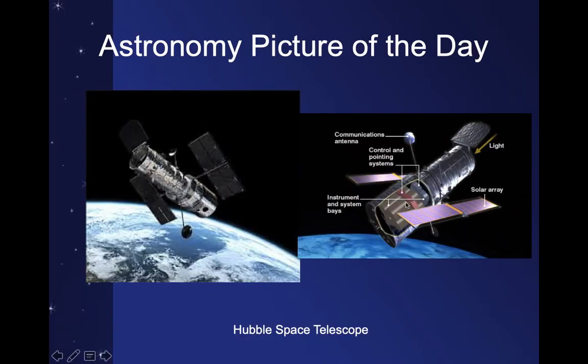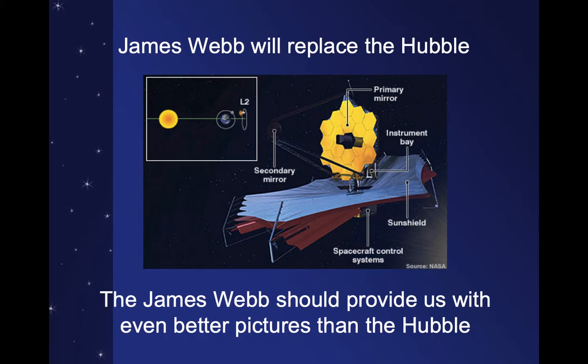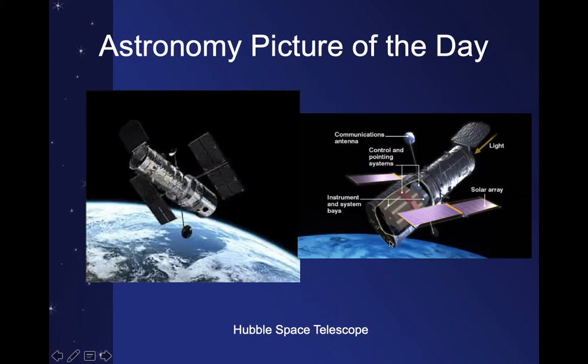Now, we are planning to replace the Hubble with the James Webb telescope. The James Webb would provide us with even better and more in-depth pictures, especially of the life cycle of a star. We're going to talk about life cycles of a star, but that's what the James Webb would do. Its technology is insanely advanced if you take a look at this compared to the Hubble.